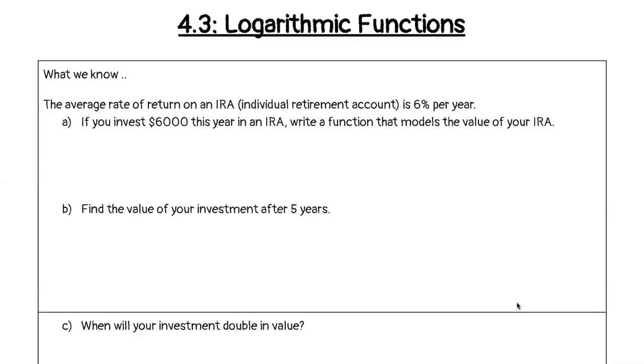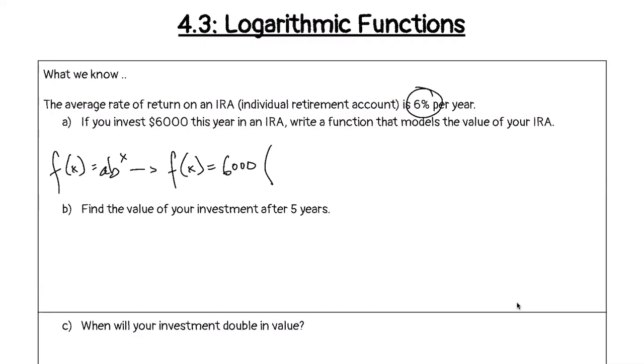And on Monday, we learned how to write a function that models the value of an IRA. And we knew from the 6% that we were going to immediately be thinking f of x equals a b to the x. And we knew that our a value was our initial deposit, so $6,000. And we knew to find the b that we do not want to put 6 in for b, okay?